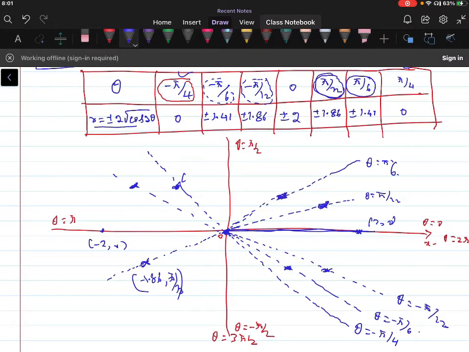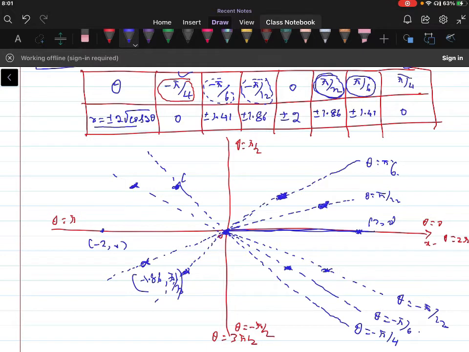So this point represents 1.41 and theta is equal to pi by 6. The representation of this on the opposite side, where the r value is negative, is minus 1.41 and theta is equal to pi by 6.